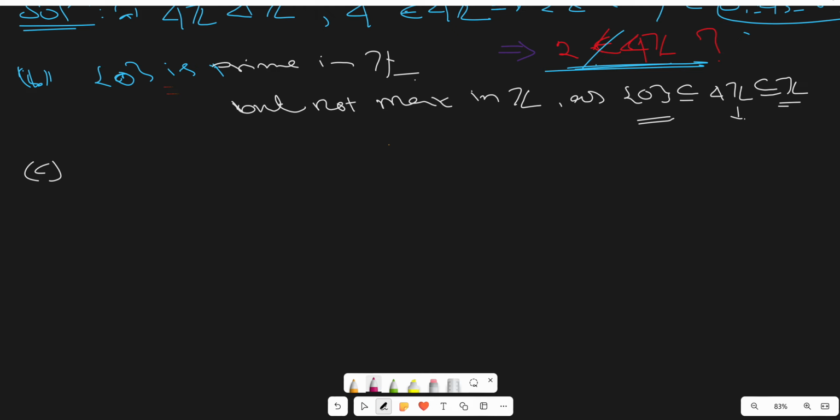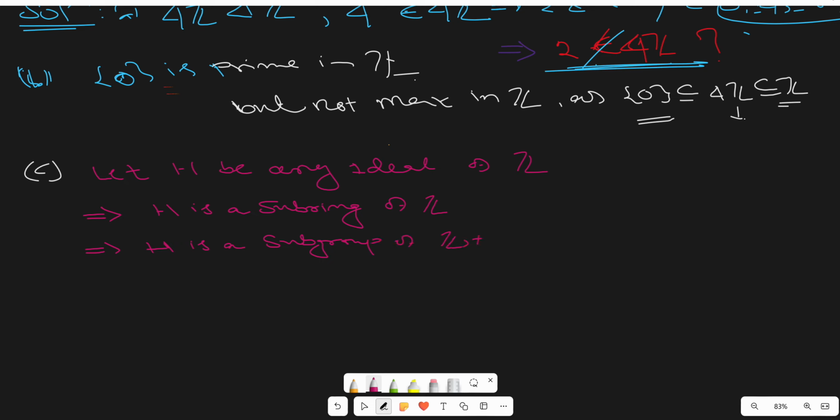Let H be any ideal of Z. This implies that H is a subgroup of Z under addition.